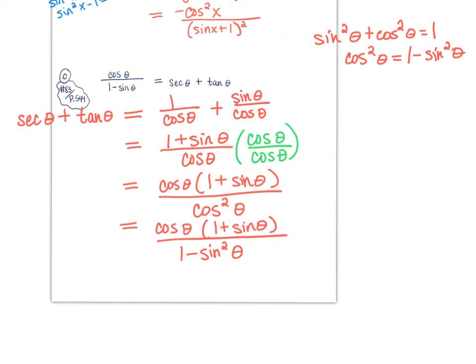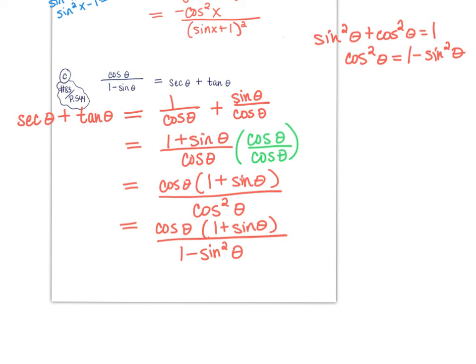But 1 minus sine squared theta, you can do what with that? Look at what you want to end up with. We want to end up with cosine of theta divided by 1 minus sine of theta.